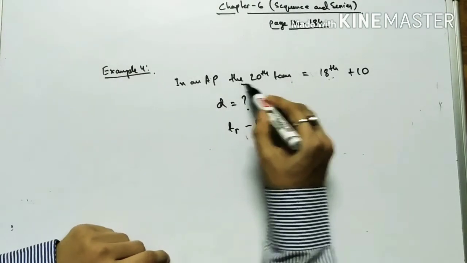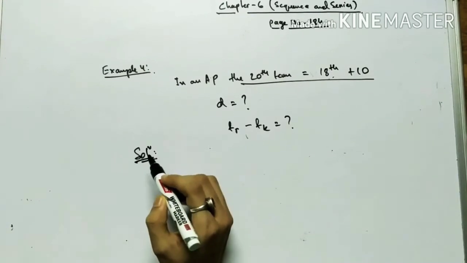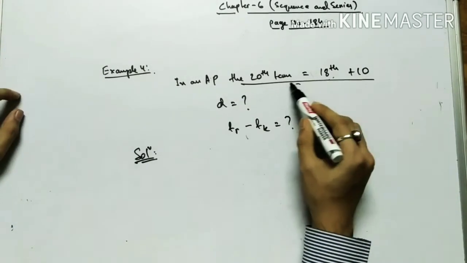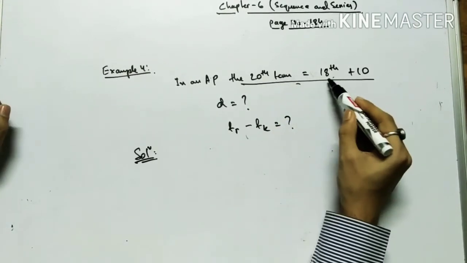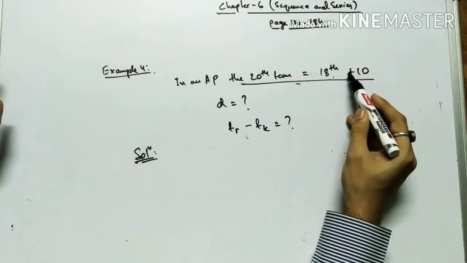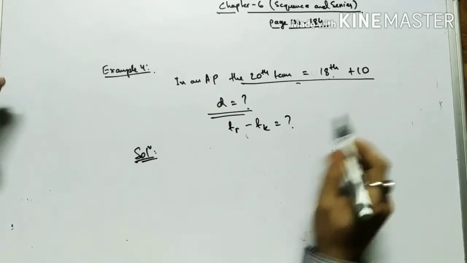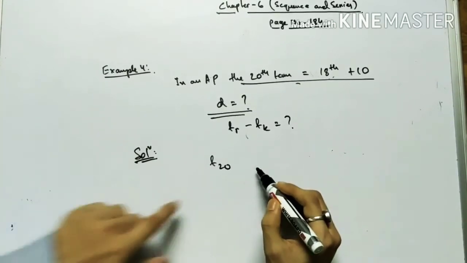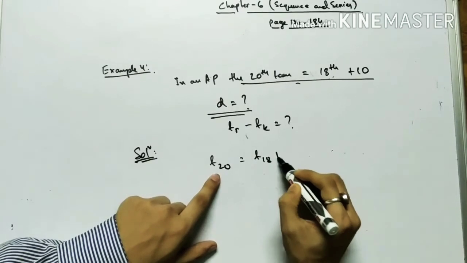So first of all, this information is given. Solution, you see. The 20th term is 10 more than the 18th term. I have to find the common difference. So it is given that T20 is equal to T18 plus 10.